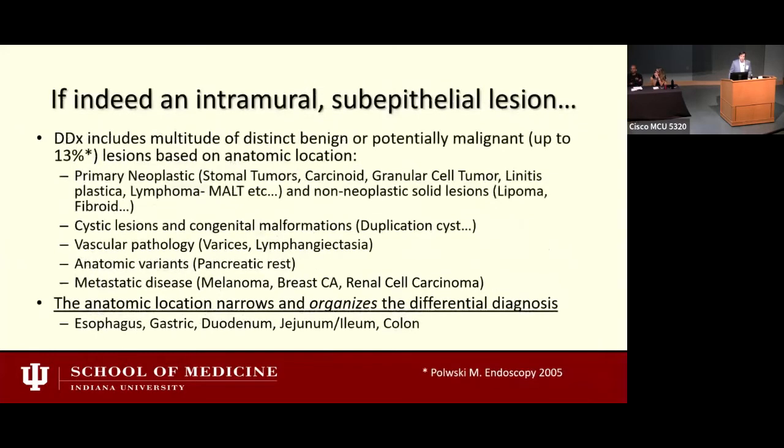If it is indeed intramural, your differential diagnosis to begin with is quite broad. The good news is the majority of these are benign lesions, and that's some reassurance that maybe you can give the patient up front when you're consenting them for the procedure. Many of them are quite anxious whenever they're seeing you and they find out that there's something in the lining of their stomach or colon that is described as a mass or a nodule.